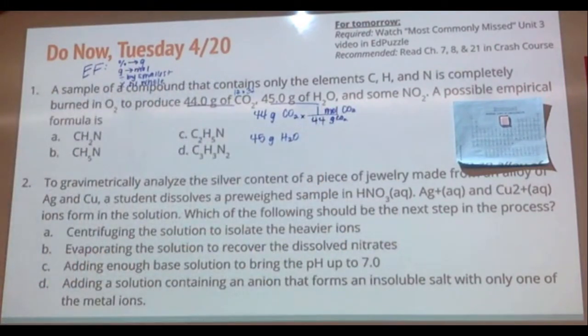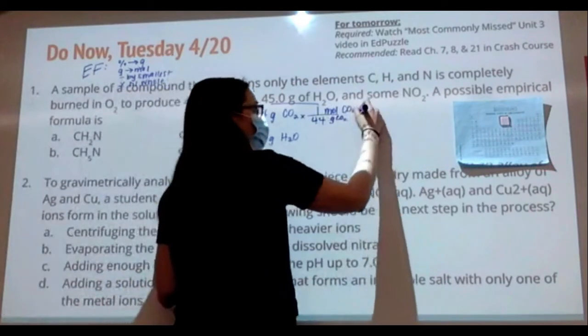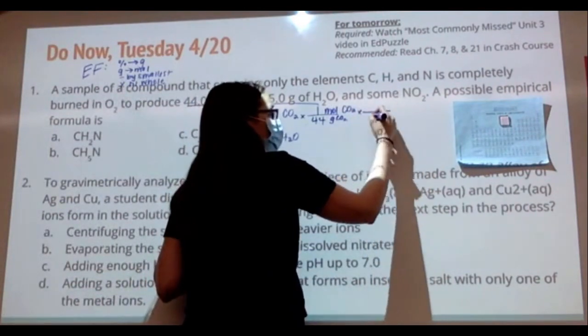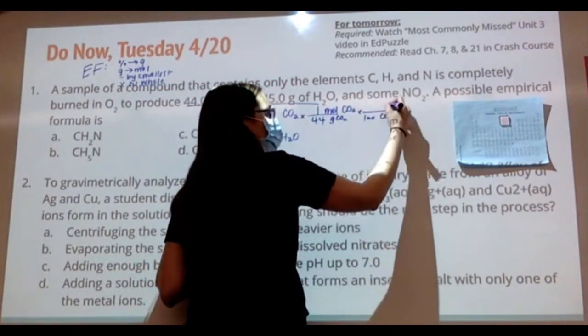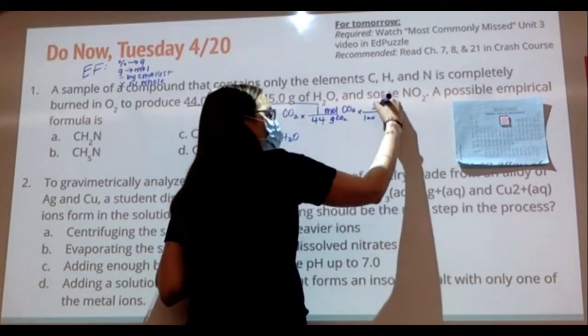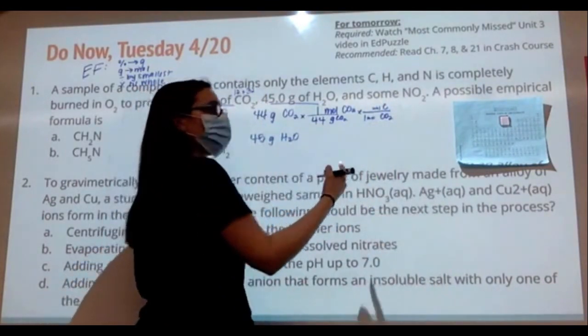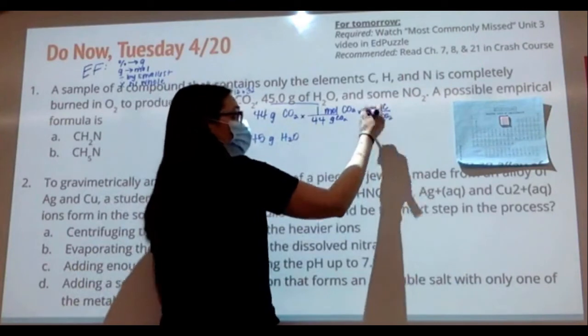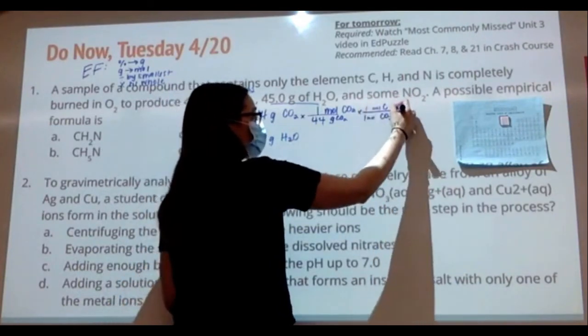So we went from grams to moles of CO2. Now, to find an empirical formula, it is individual atoms. So you need to figure out, for every 1 mole of CO2, how many carbons are there? 1, right? In 1 mole of CO2, there's 1 carbon.